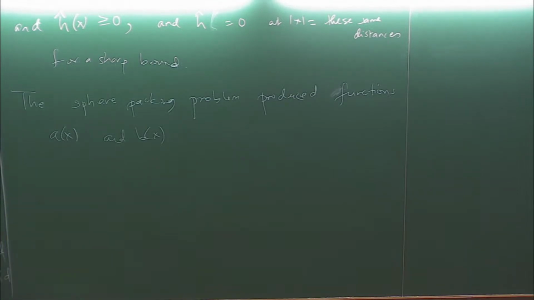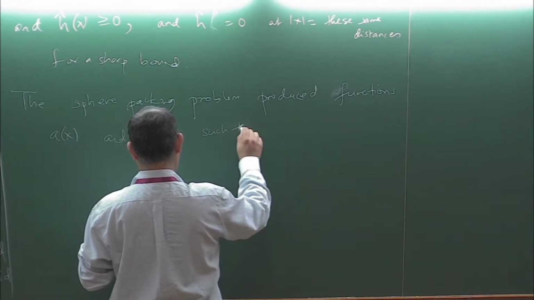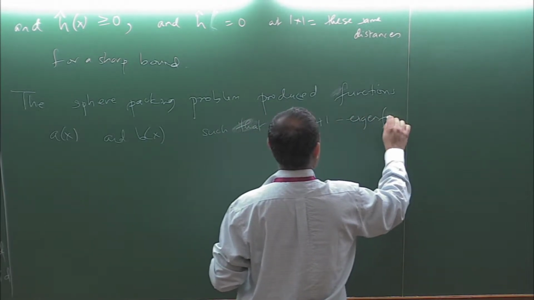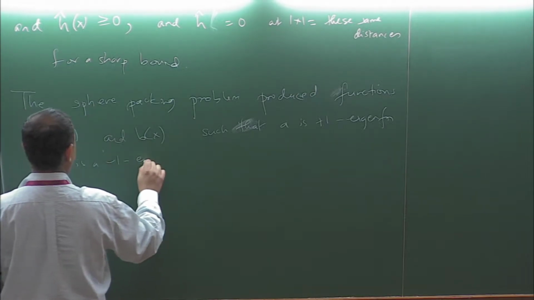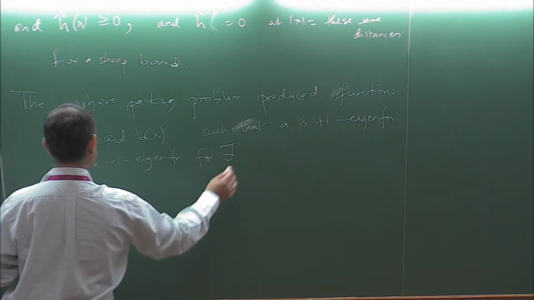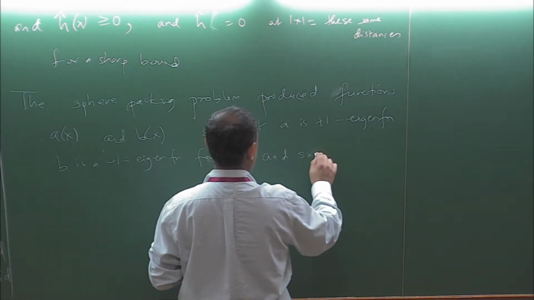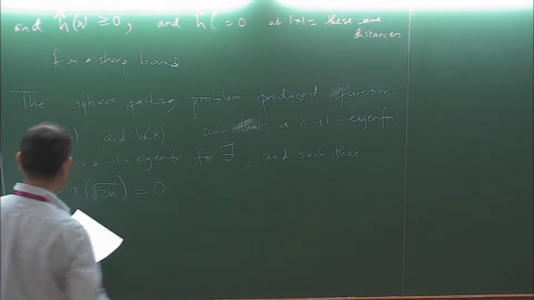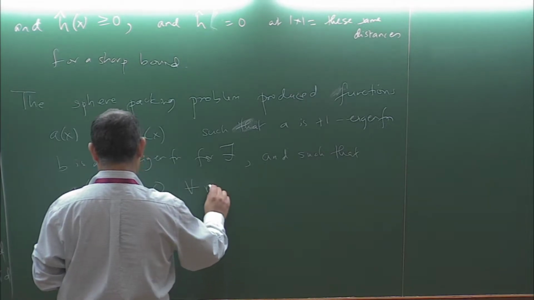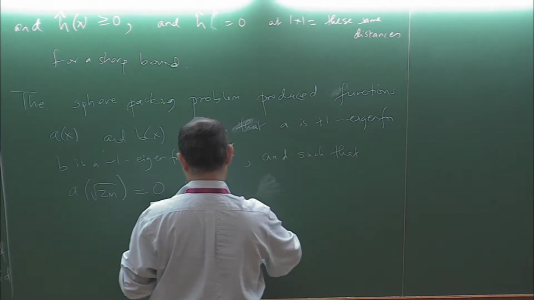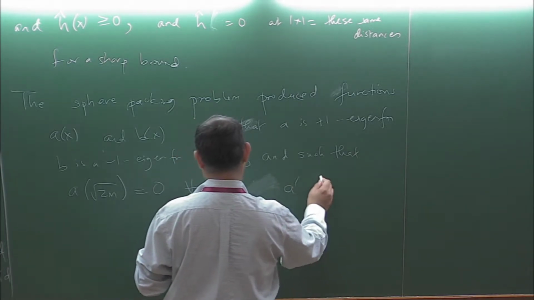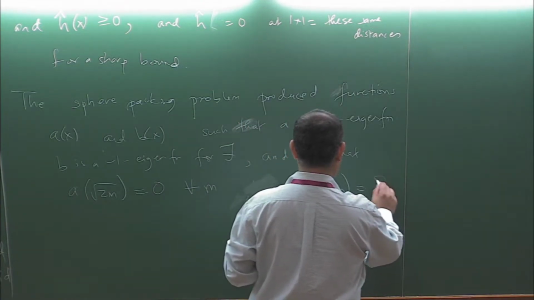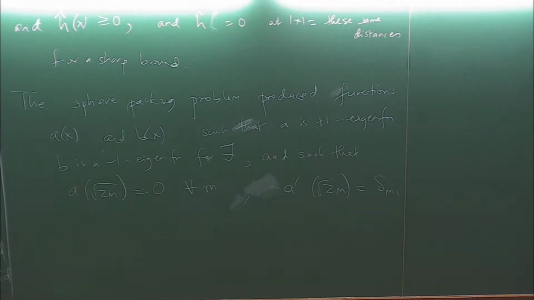So there are plus and minus eigenfunctions such that A is a +1 eigenfunction and B is a -1 eigenfunction for the Fourier transform, and such that A at all the square roots of the even integers is 0, for all m, and A prime at the square root of m is 0 except at the first one, which is not going to be 0.